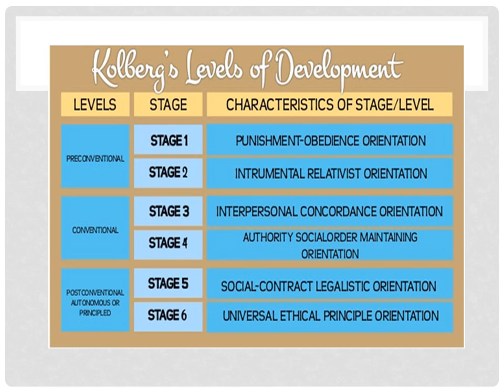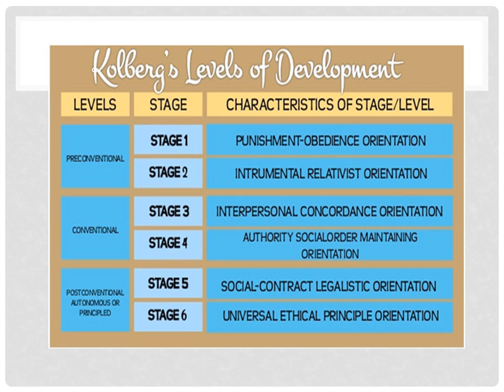In stages 1 and 2, the child focuses on obeying the rules to avoid punishment. That's why it's called punishment obedience orientation. If they obey the rules, they will avoid punishment, and if they disobey the rules, they will be punished. That's basically the focus of stage one. The child is asked to obey, or else they will be punished.